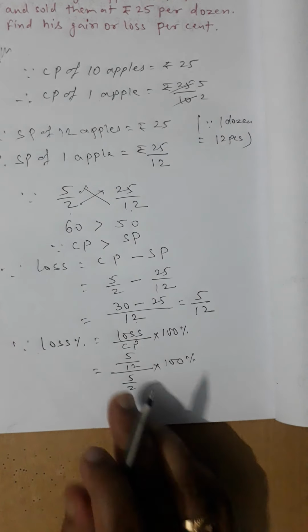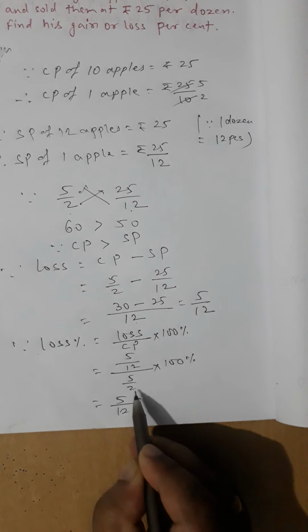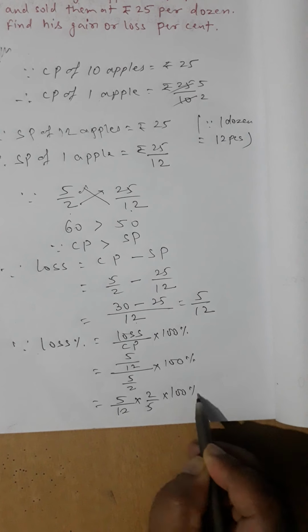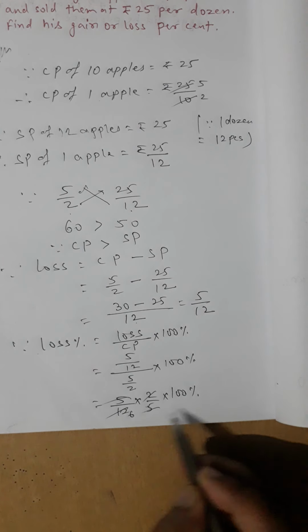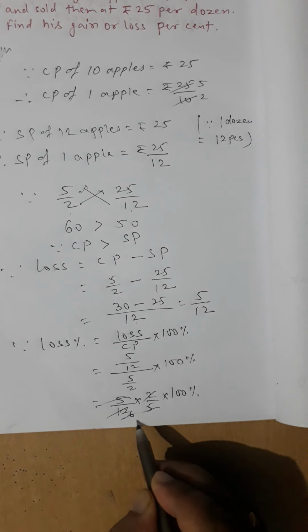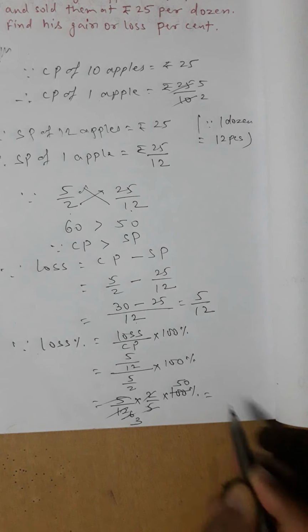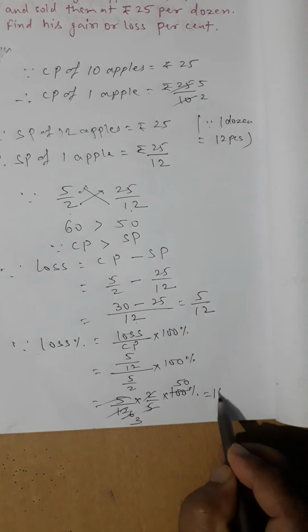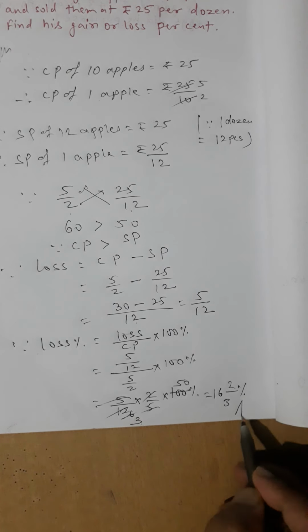It is a fraction, so taking the reciprocal, 5 by 12 into 2 by 5 into 100%. 2 cancels out from 6 times, and 5 cancels out with 5. 2 cancels out from the table of 2, 3 times, and from 100 it cancels out 50 times. As we know 16 times 3 is 48, so 16 and 2 by 3% is your answer.